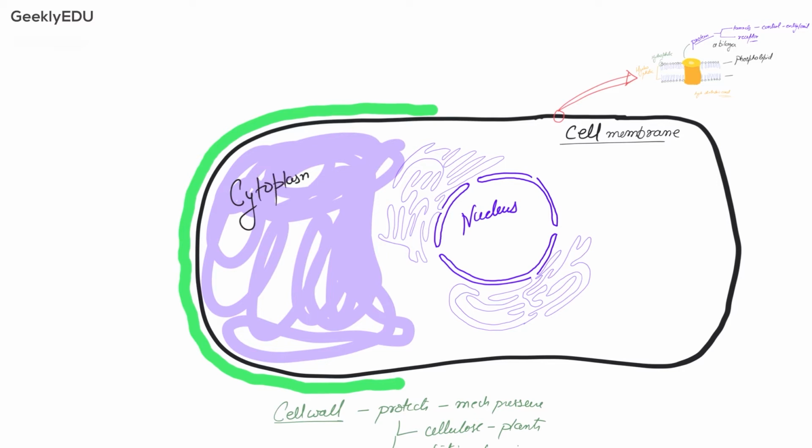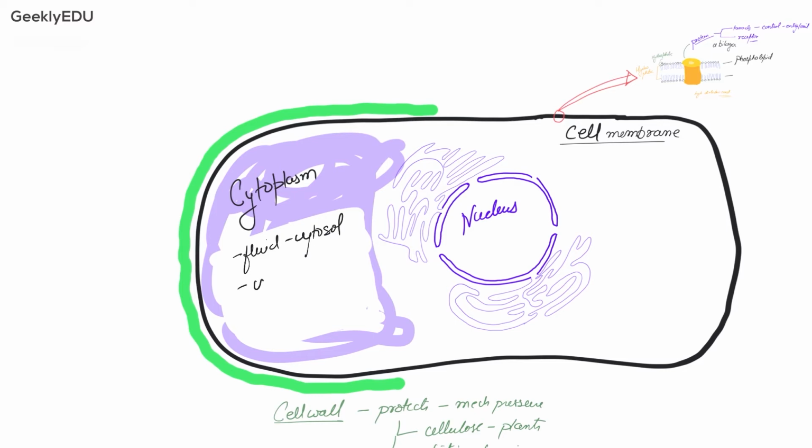cytoplasm, and this cytoplasm is made up of several things. Now what is that several stuff that makes a cytoplasm? Let us quickly talk about that. Okay, now the cytoplasm is made up of a fluid that's called cytosol.